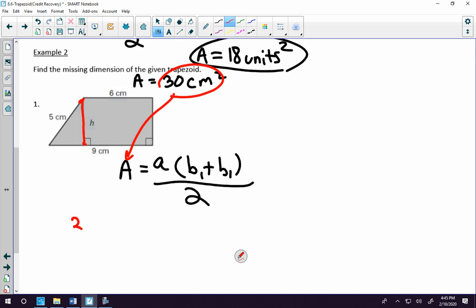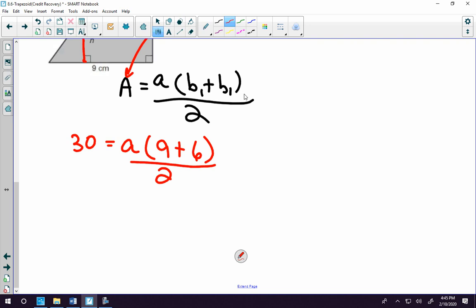We're looking for the altitude, so that's going to remain A for altitude, or if you want to use H for height, we're fine with that. Then the bases are 9 centimeters plus the other base of 6 centimeters, divided by 2.